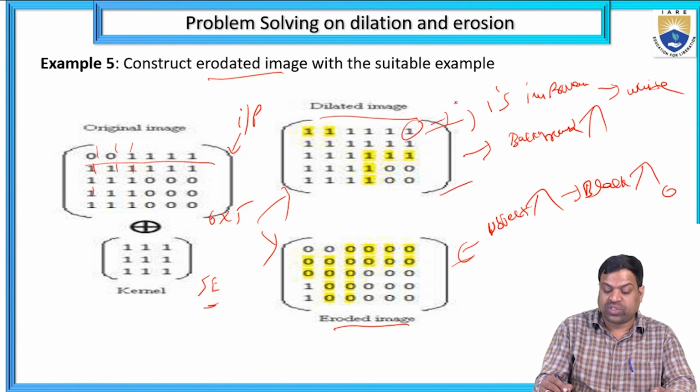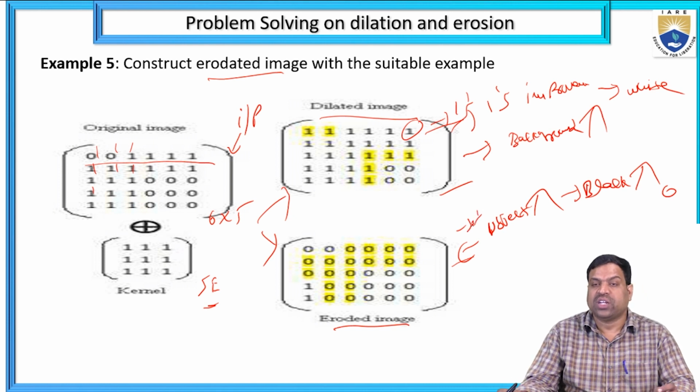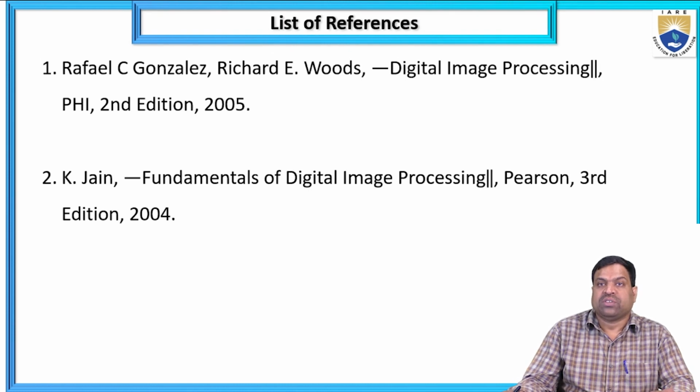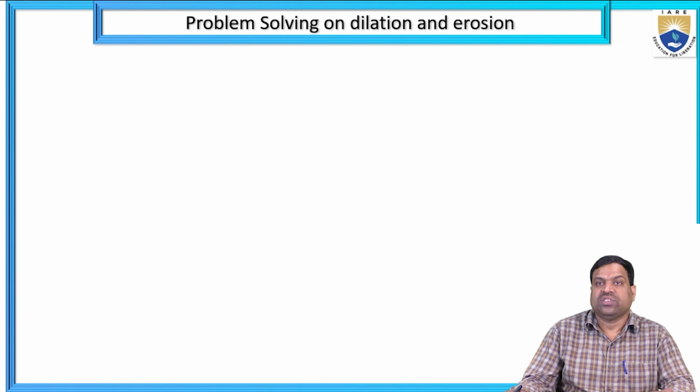Dilated means the number of ones is increased, that is, white is improved. Eroded means the number of zeros is increased, that is, black is improved. In erosion, black is improved. In dilation, white is improved. These are the references. That is about dilation and erosion.